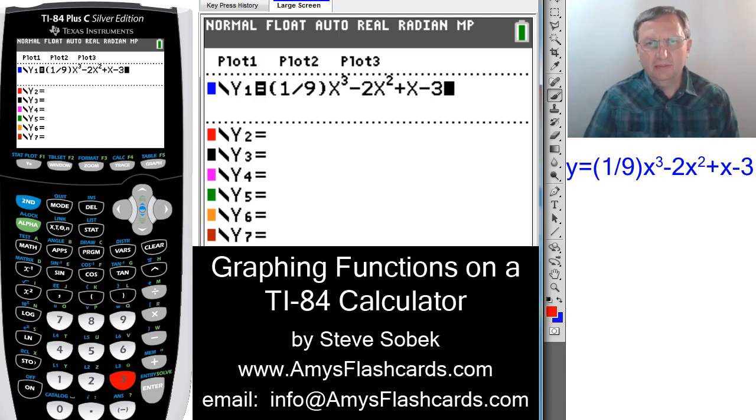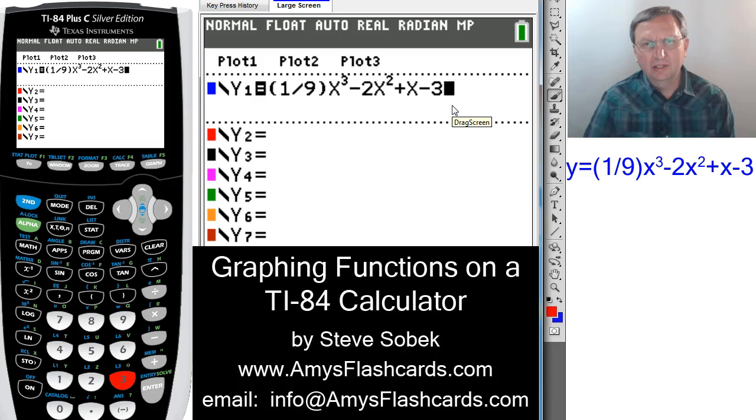Okay, our next example is a third-degree polynomial function. We could see that the highest exponent on the variable here is a 3. We call third-degree polynomial functions cubic functions. I've already reestablished my viewing window to be the standard window with a zoom 6, and I've typed in the function here.